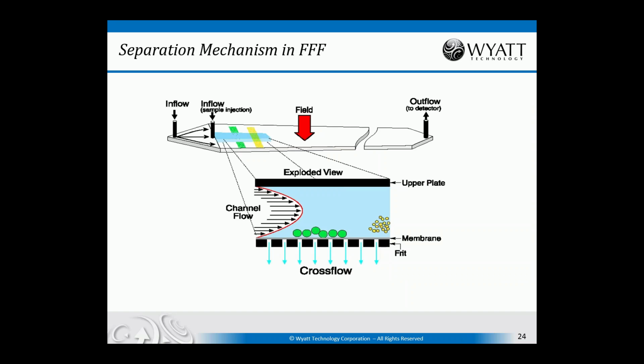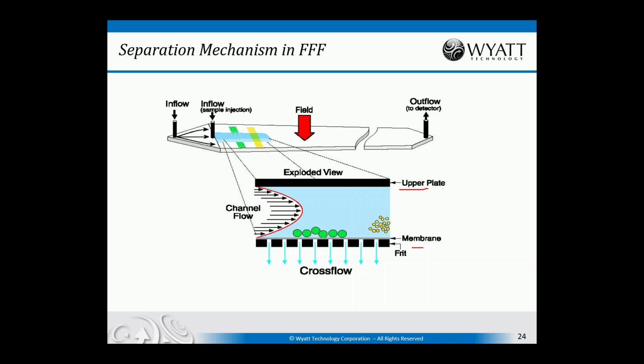Briefly, how FFF works: instead of having a packed column, FFF works with an open channel consisting of two parallel plates. The upper plate is just a solid plate. The bottom plate consists of a frit which supports a semi-permeable membrane. And using the HPLC pump, we cause the solvent, or the mobile phase, to flow parallel to those two plates.